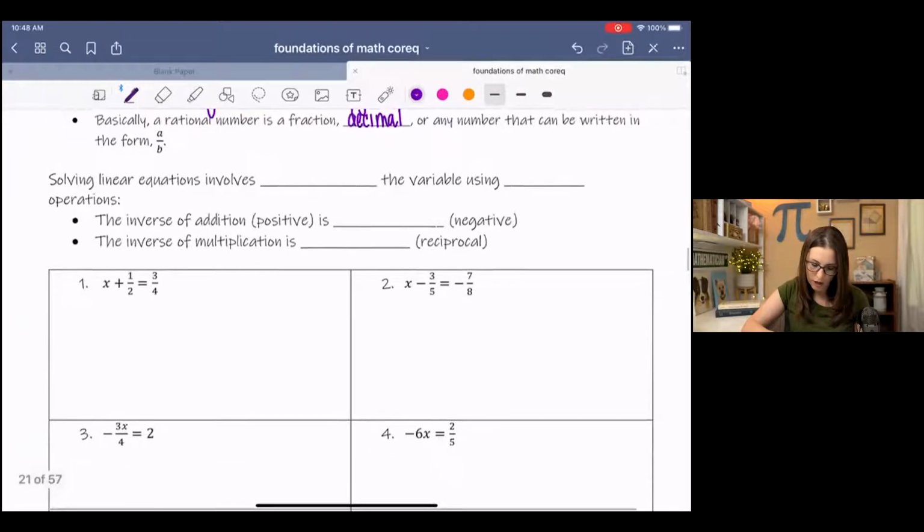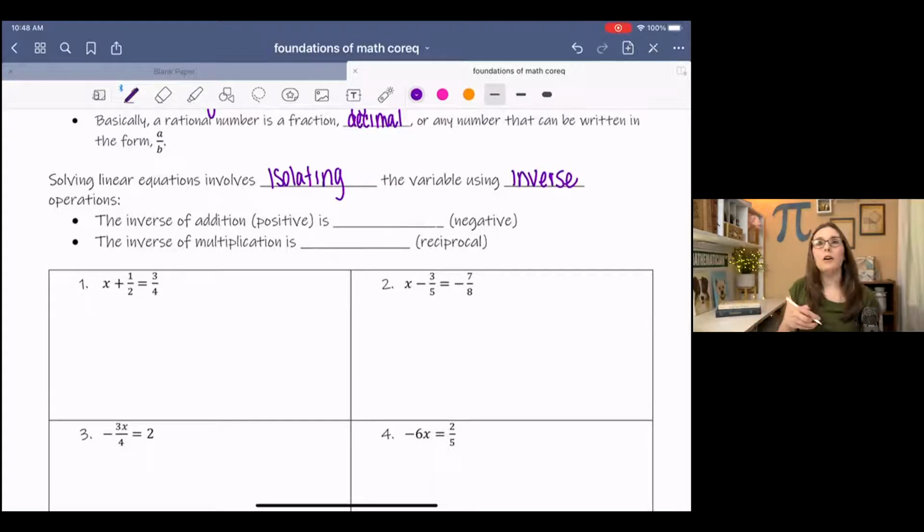Solving linear equations involves isolating the variable using inverse operations. The inverse of positive or addition is subtraction, which is actually a negative number, a negative integer.